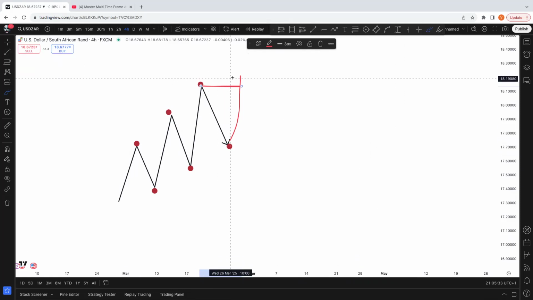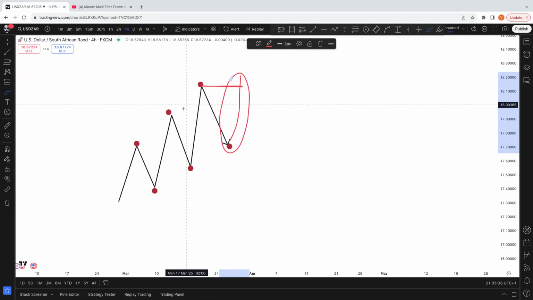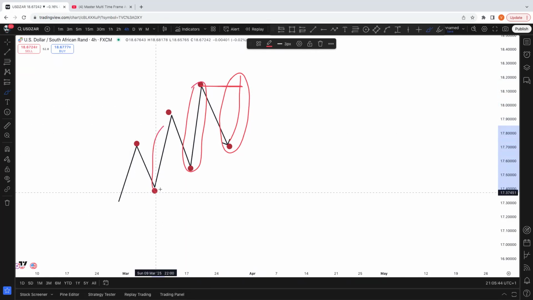So this zone right here is now our new swing structure. This is our new swing structure. This was our swing structure. This was our swing structure. This was also our swing structure right here. So each time that the highs were taken out, we refer to this zone from the higher low to the new higher high that's formed as our swing structure.